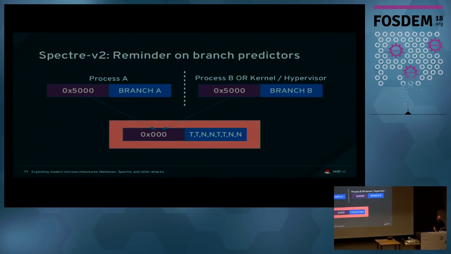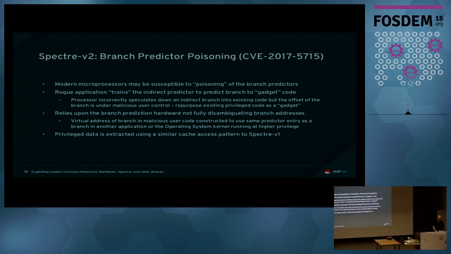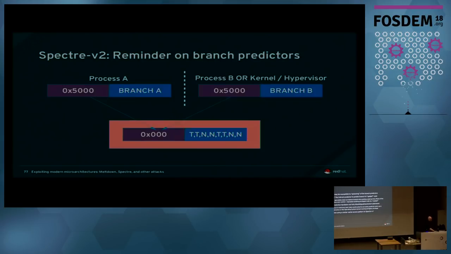I talked about branch predictors before, so I've also got a variant 2 of Spectre, which is the branch predictor poisoning. And that is, since I know how branch predictors behave, there may be not fully disambiguated addressing. I can exploit that. I can have one process running that's training my branch predictor to guess wrongly when something else is running. If that something else is more privileged, or the kernel, I can exploit what will happen there.